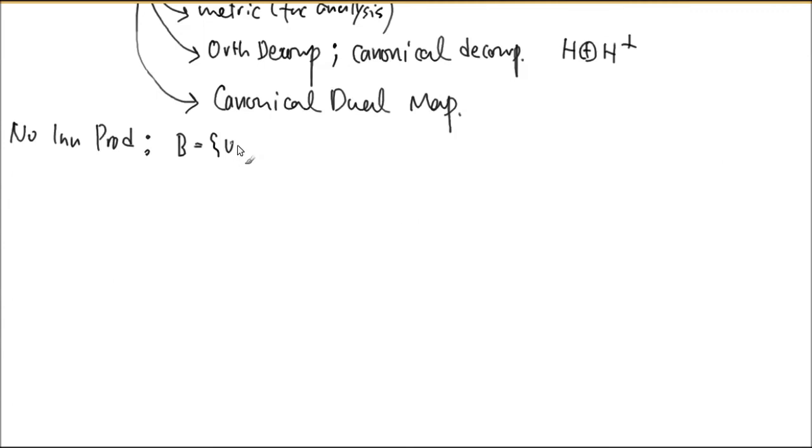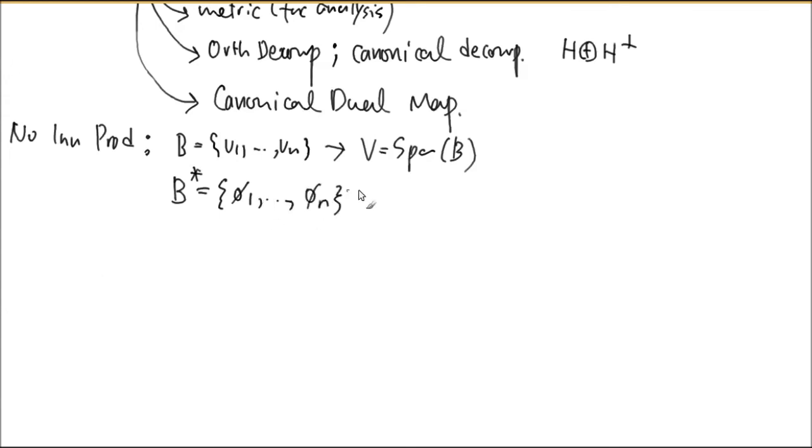B is the basis, V1 through Vn, and we have a vector space spanned by it. In your homework, I asked you to think about this new basis, which we call phi1 through phin. Where is this in? Linear transformations from V to the scalar field F, a one-dimensional thing.